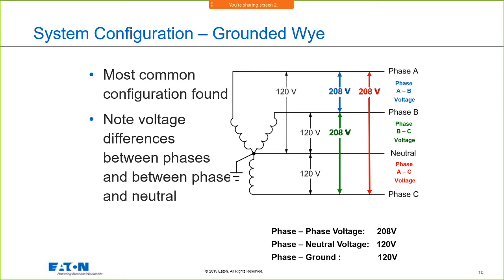So those tests are done pole individual and line to line. If I have just a circuit breaker that's rated 120 volts, I only test it at 120 volts. I don't test it to interrupt a current that's being pushed by 208 volts, right?